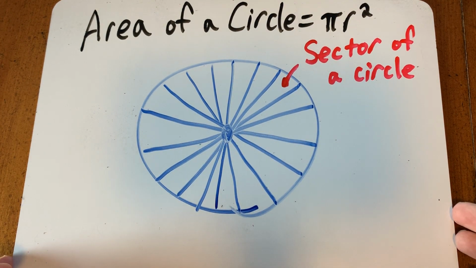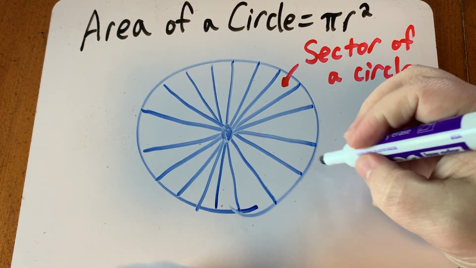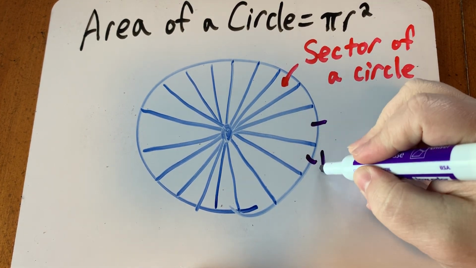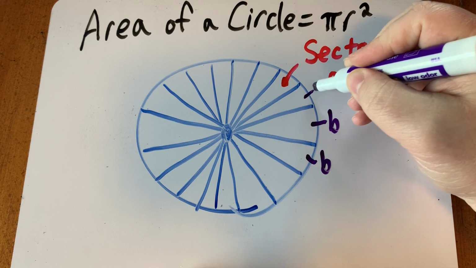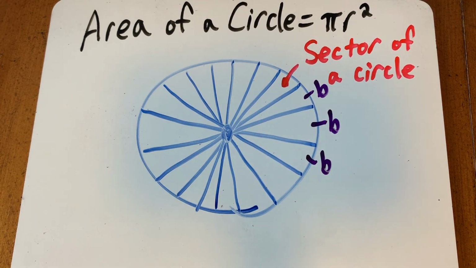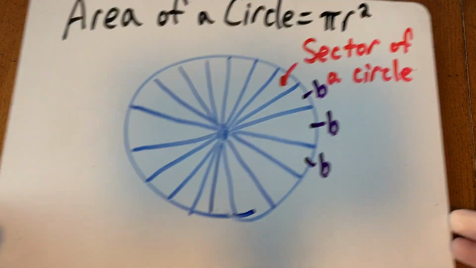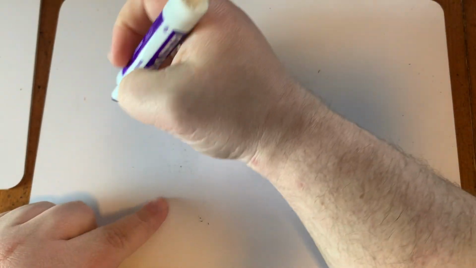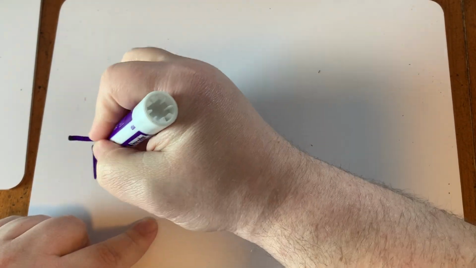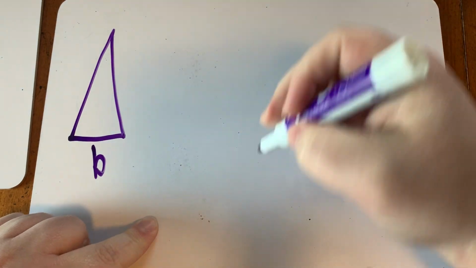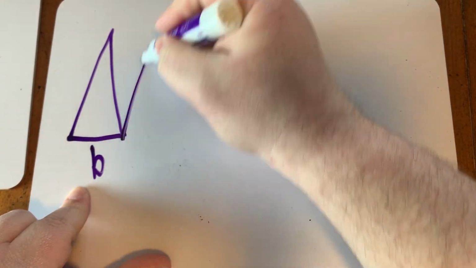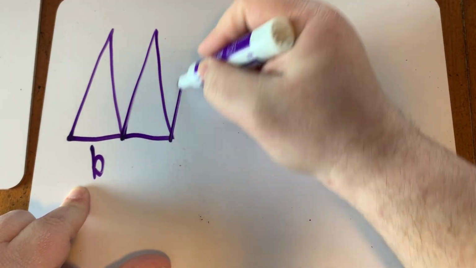We took each of these triangles and treated each of these arcs as the base of the triangle. So I'm going to take all those triangles and let's straighten out each of those arcs so that that's the base. So we would have a bunch of them.